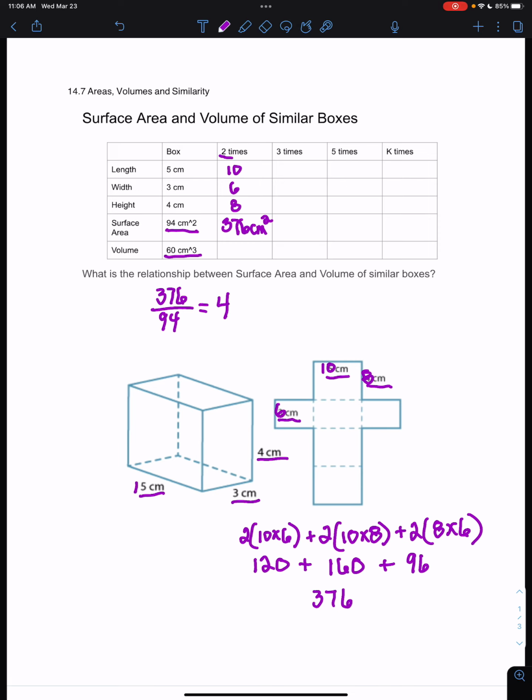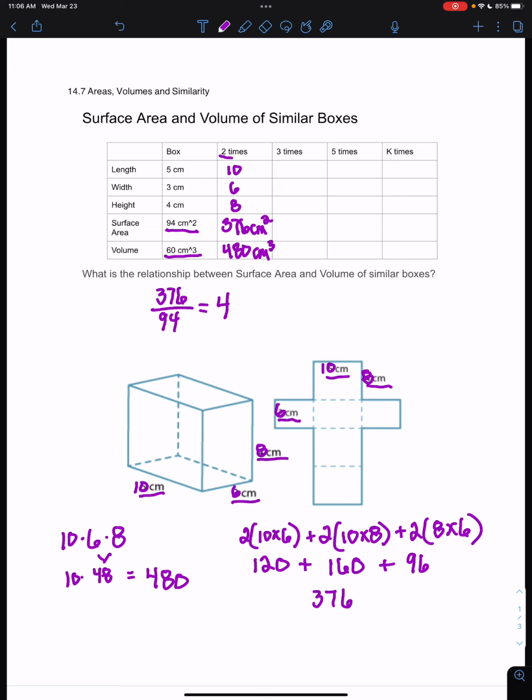So here again, our length is 10, our width is 6, and our height is 8. So 10 times 6 times 8. 6 times 8 is 48. Times 10 gives us a total volume of 480 centimeters cubed. Again, a big difference.